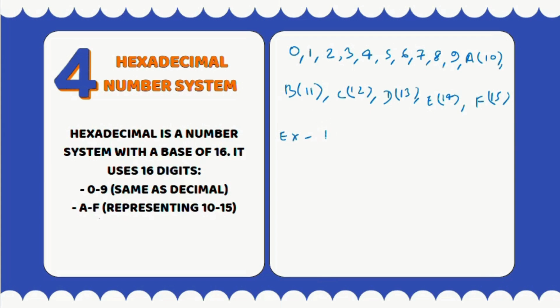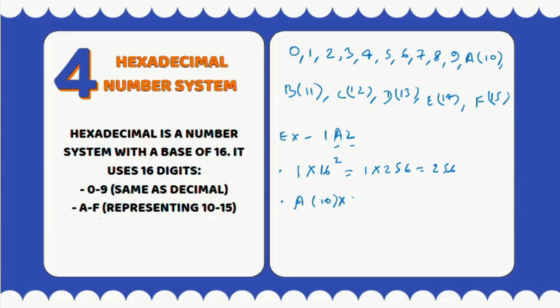Let's take example 1A2. So here 1 into 16 to the power 2. Why 2? This is because this is 1, 2, 2 is equal to 1 into 256 is equal to 256. Next is A. What we call A is a 10.